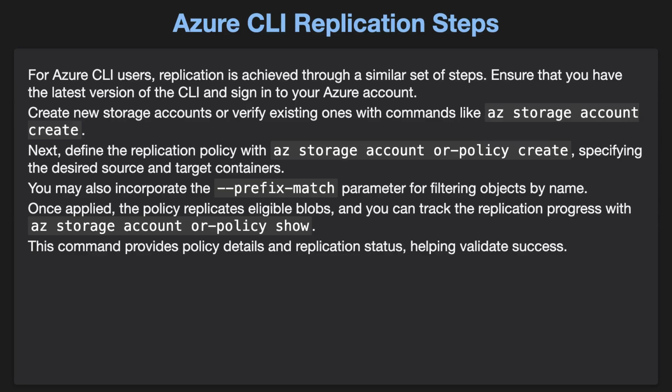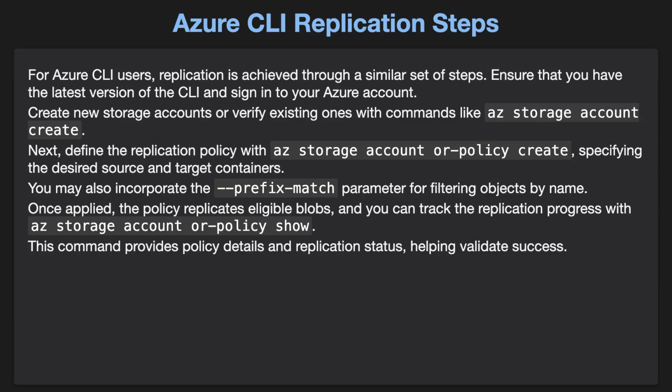For Azure CLI users, replication is achieved through a similar set of steps. Ensure that you have the latest version of the CLI and sign in to your Azure account. Create new storage accounts or verify existing ones with commands like az storage account create. Next, define the replication policy with az storage account or-policy create, specifying the desired source and target containers.